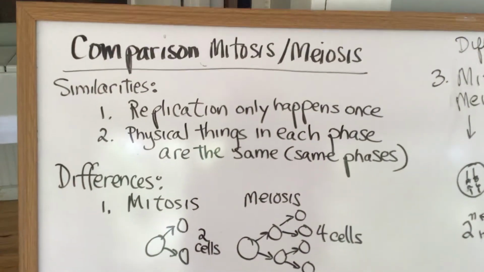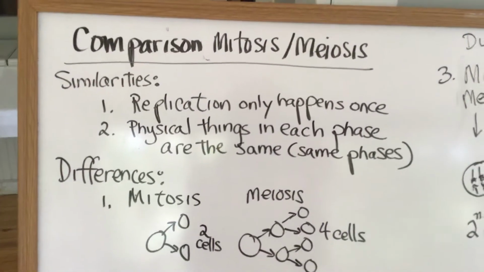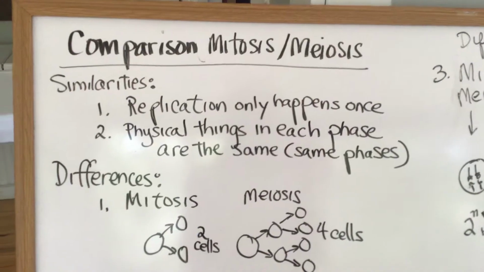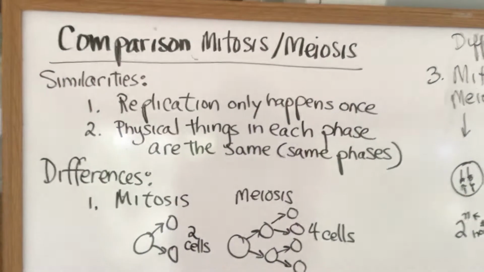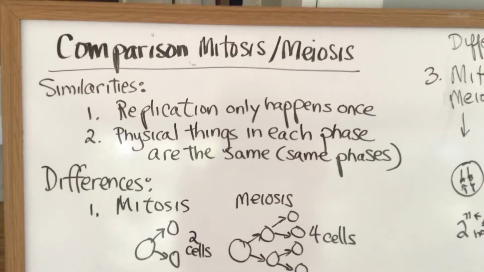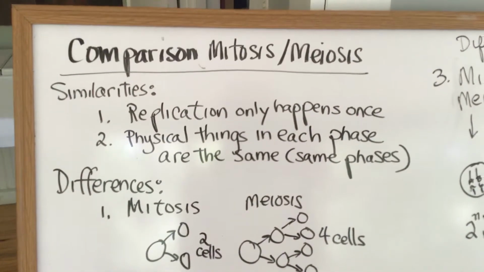I might have said that backwards. All right, and then the other similarities are the physical things that happen in each phase, like the spindle forming, the centrioles replicating, etc. All those things are going to be the same for each of the phases. So the phases generally and what happens in them is going to be the same.